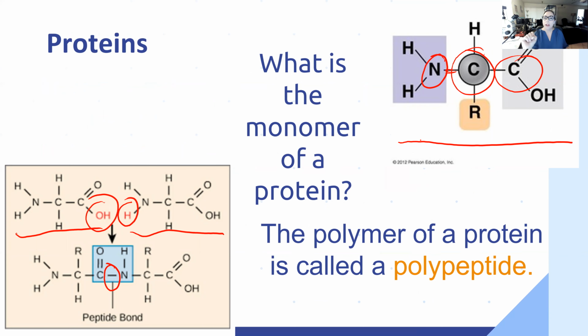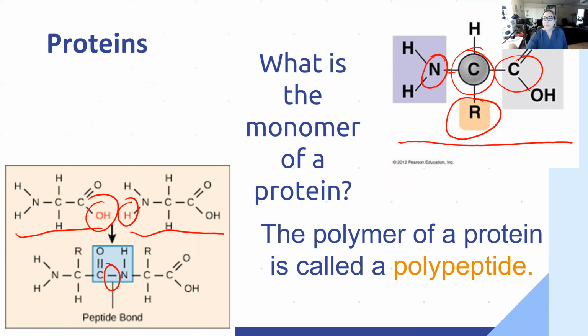Remember, in the upper right-hand corner, this is our amino acid, okay? Now, notice that there's an R coming off of that carbon. Well, there is no element with the symbol R. That R means a side group.